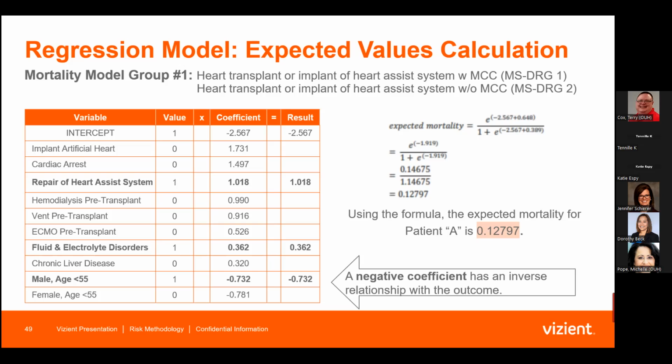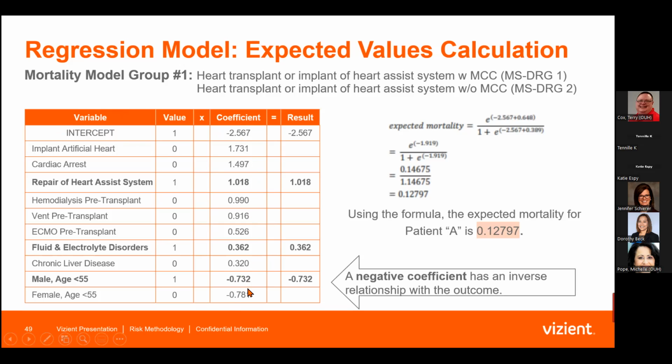First, identify whether each variable was present for the patient. If the variable is present, it receives a value of 1. If not present, its value is 0. Again, the intercept, the very first row in that table, will always be negative. And as you can see, some variables have negative coefficients, like these last two here.